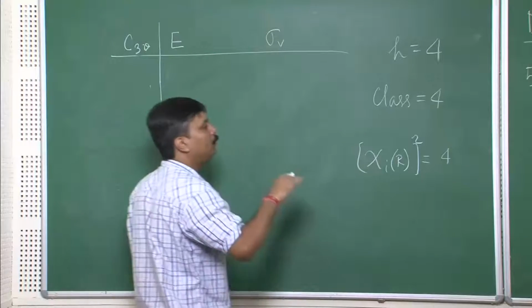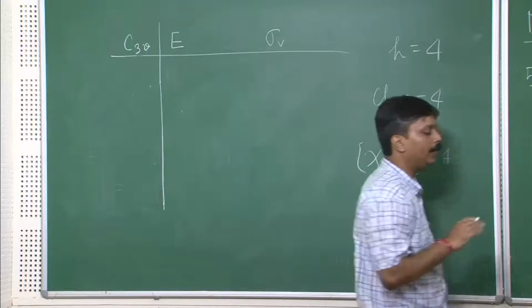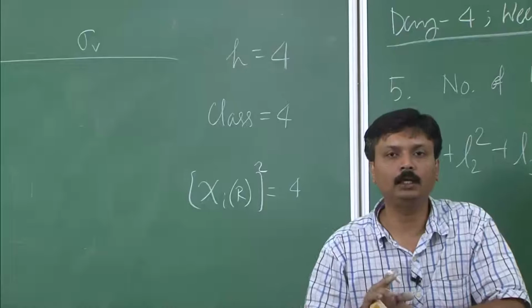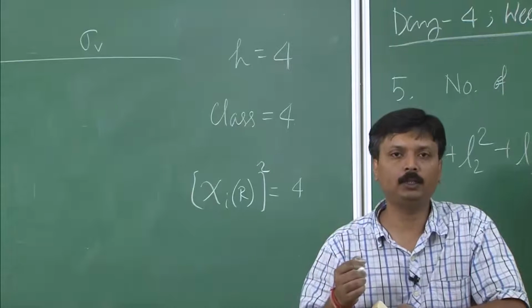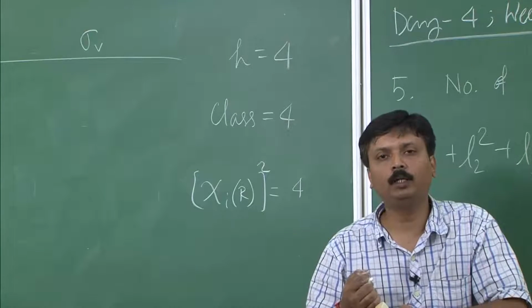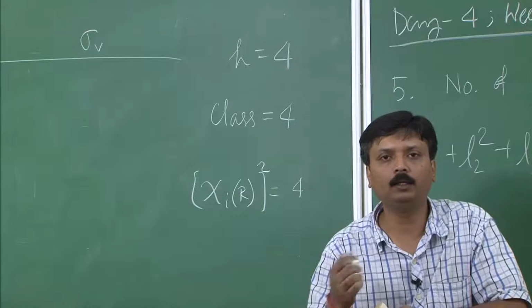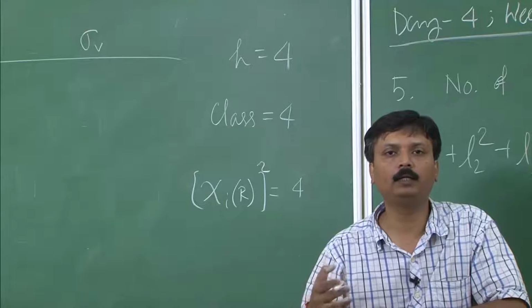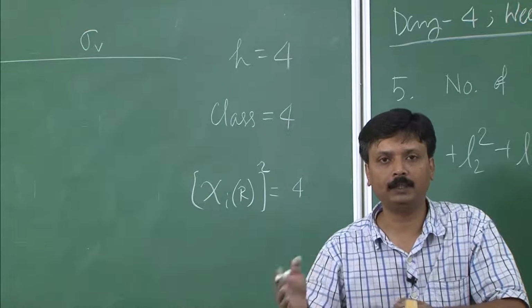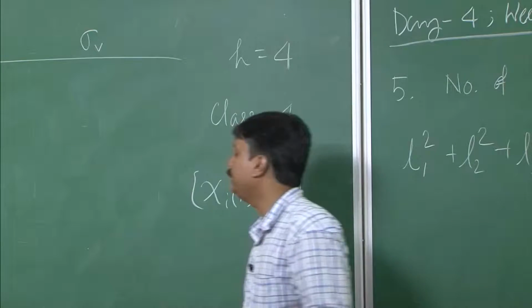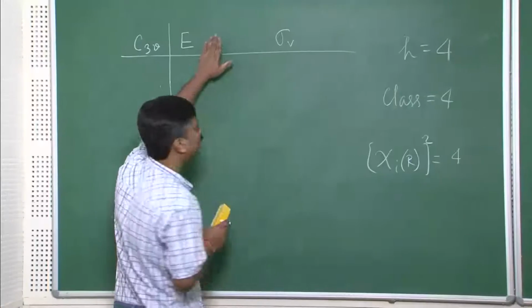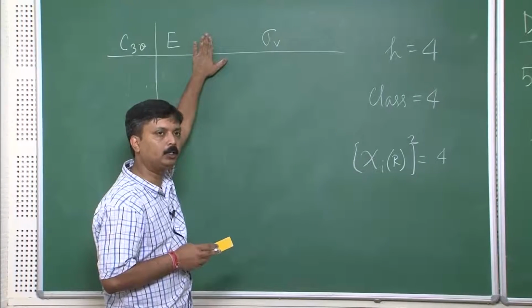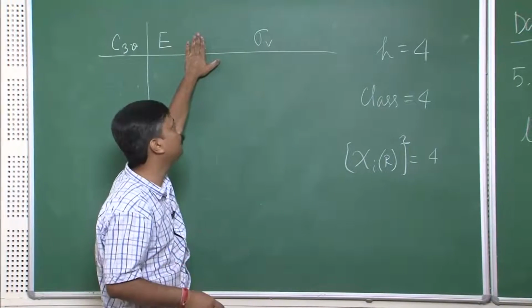Now when you write the character table, you write in terms of the class, because any symmetry operations belonging to a class will give you identical character. So there is no point in writing it very explicitly. What is meant here is that I have C3 and C3 square, 2 operations. Both of them will have the same character corresponding to any particular irreducible representation.